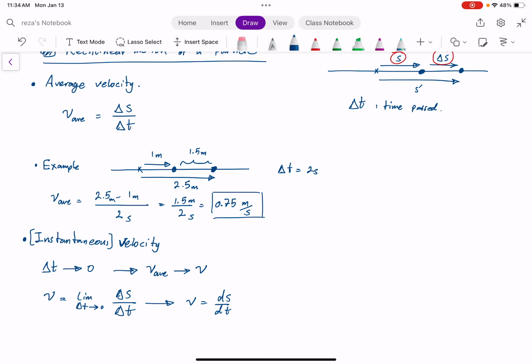Let me write it down. V is the time derivative of position.